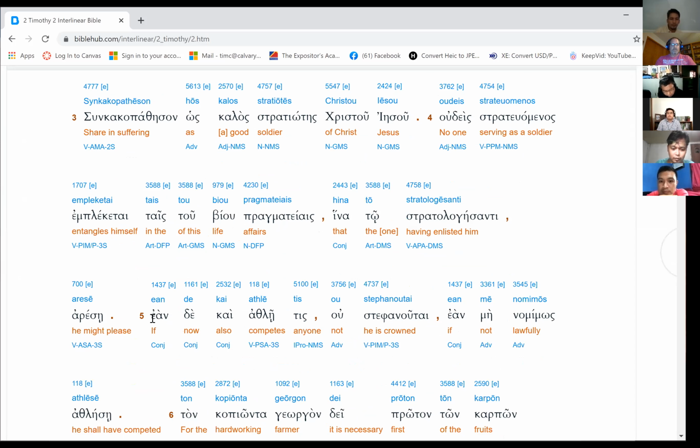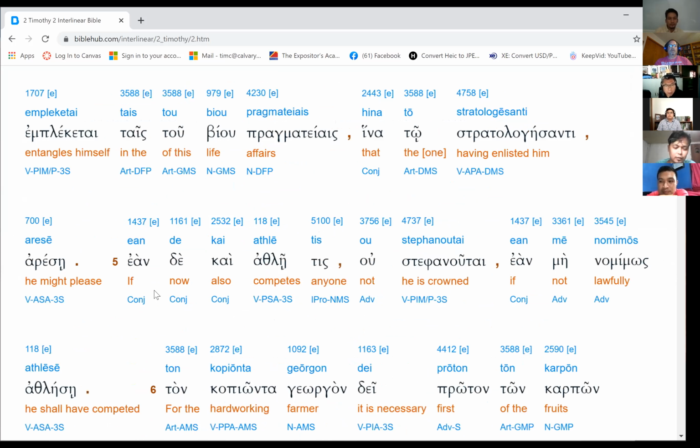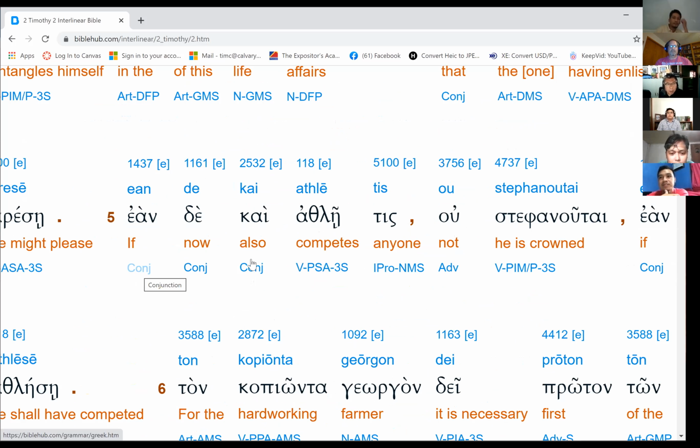Now notice here in the Greek, I'm down here. Okay, verse 5. What do we see here? Conjunction, conjunction, conjunction. That's an interesting construction.